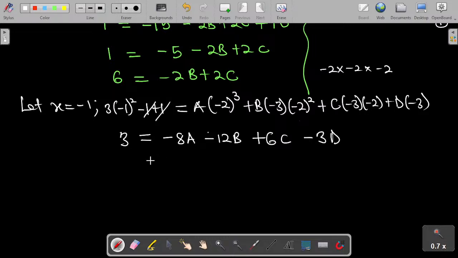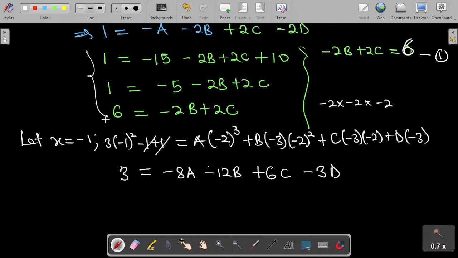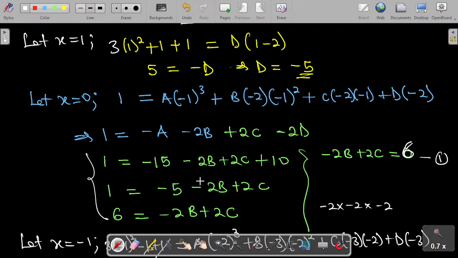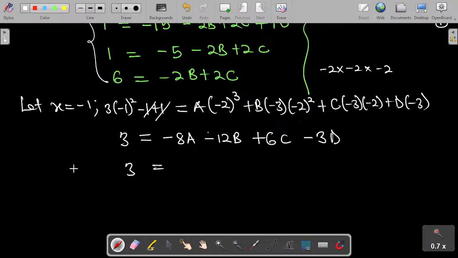Okay, so we will do the same thing we did in this place by substituting our a and d. So our a is, what did we get as our a? 15. Okay, so 15 times minus 8 is going to give us minus 4 times 30, which is minus 120.